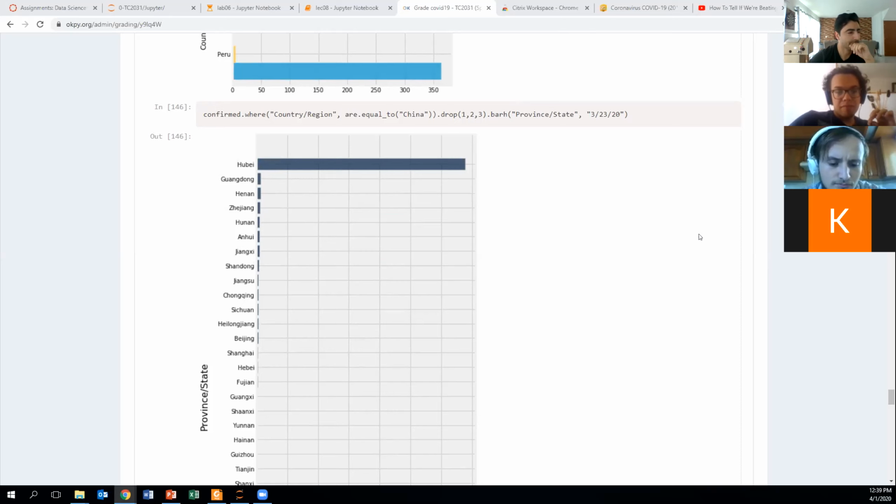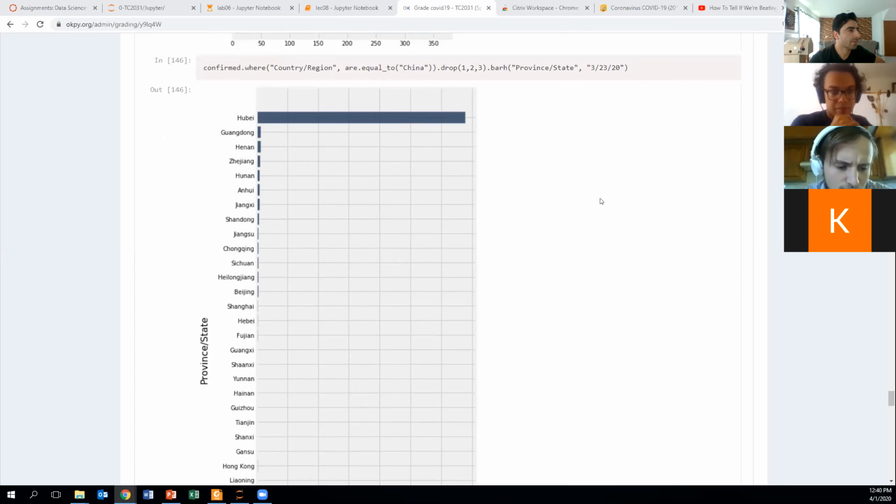This is China, and as you can see, even though we say all China has 81,000 cases, most of them are from Hubei. So sometimes we are comparing ourselves with all of China, while the cases are actually in Hubei, and everywhere else maybe there isn't even a case. So we were seeing that, and we said, hey, maybe we should also have the province in there, because it doesn't make any sense to say all of China while it's only in a certain state.